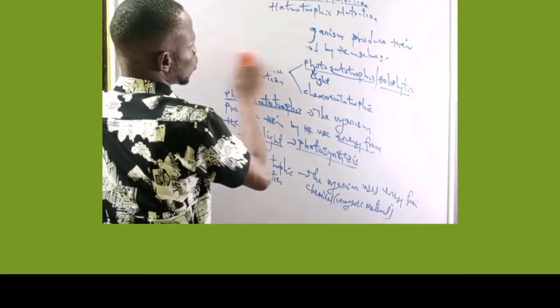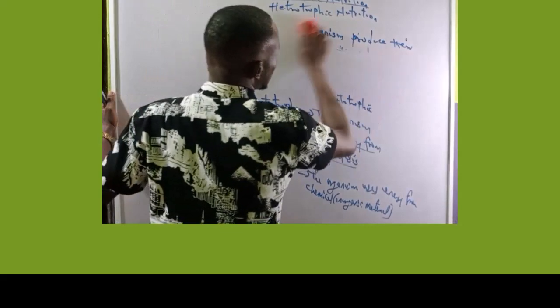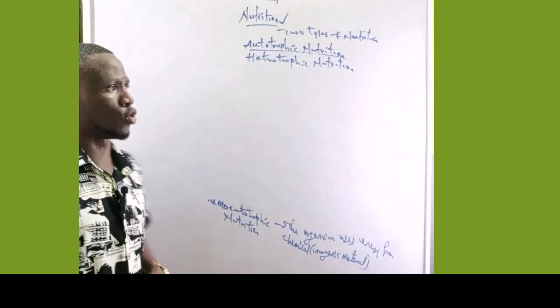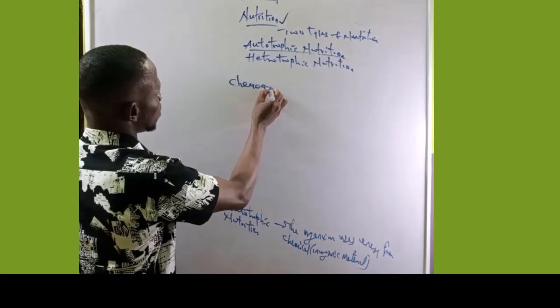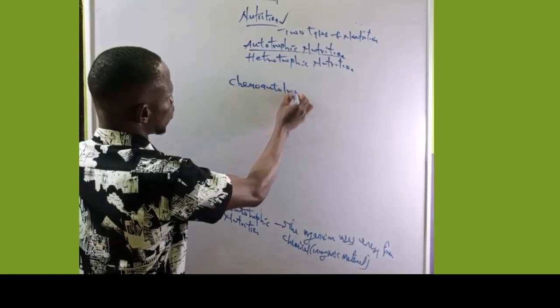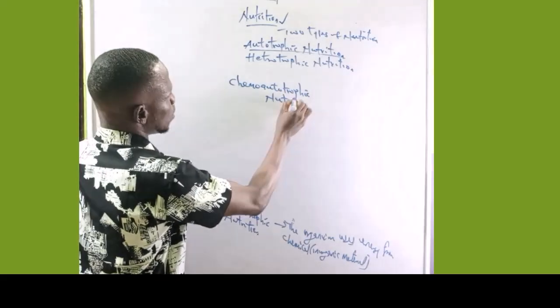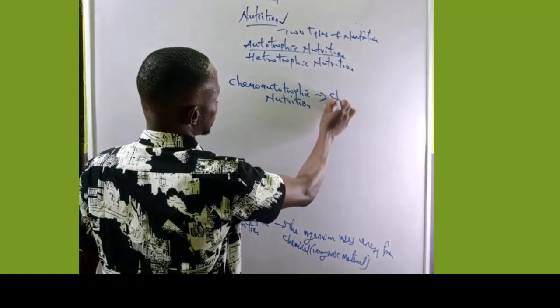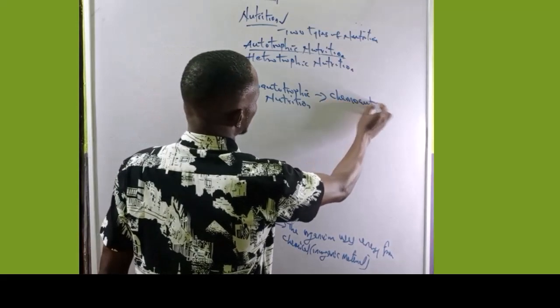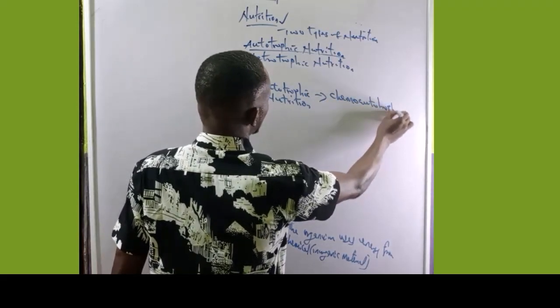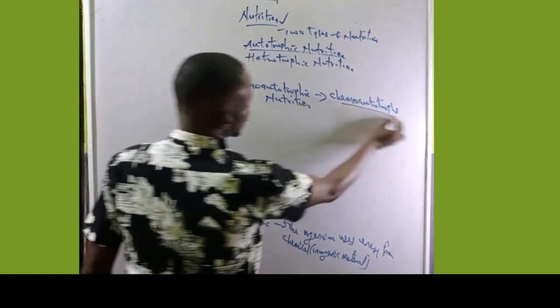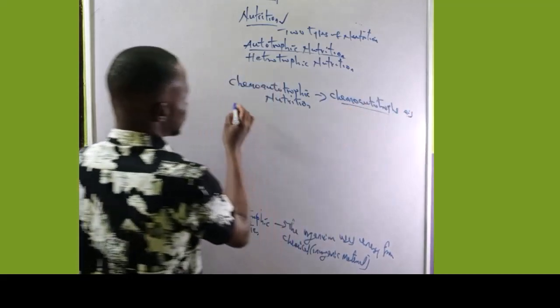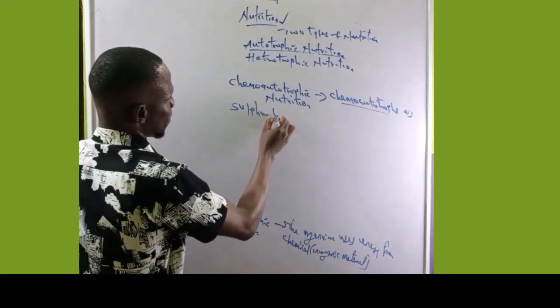Example of chemoautotrophic nutrition. Remember, if an organism undergoes chemoautotrophic nutrition, we call that organism a chemoautotroph. An example of a chemoautotroph is sulfur bacteria.